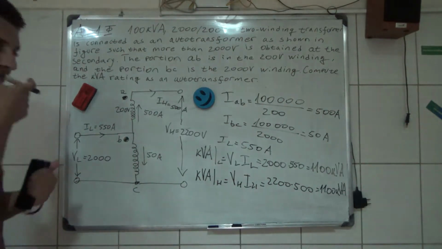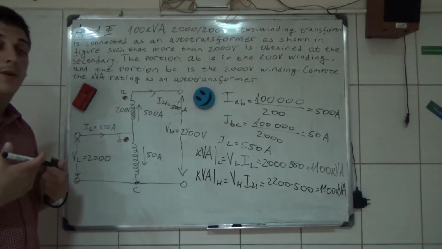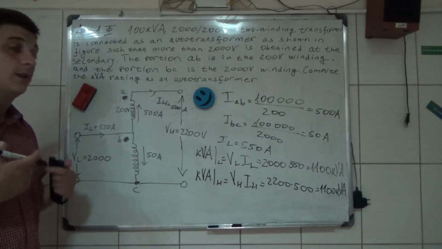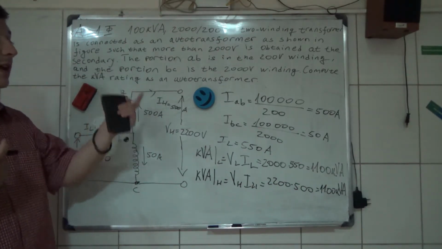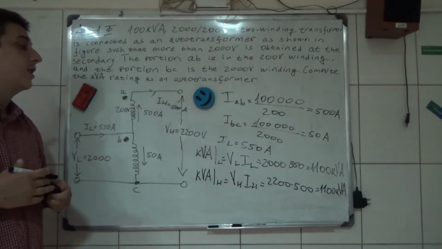Now, as you can see, as an auto transformer, the kilovolt ampere rating is in this particular situation 11 times higher than as a single phase transformer.